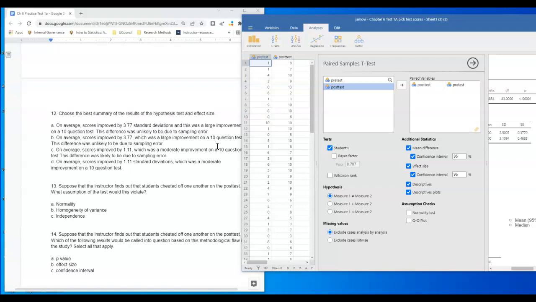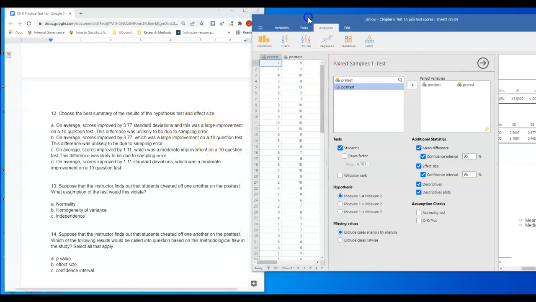We know that they increased by 1.11 standard deviations. So this first one says on average scores improved by 3.77 standard deviations. That's not true because it was only a difference of 1.11 standard deviations, which is the effect size D.